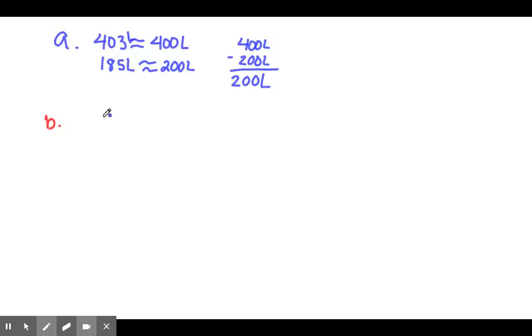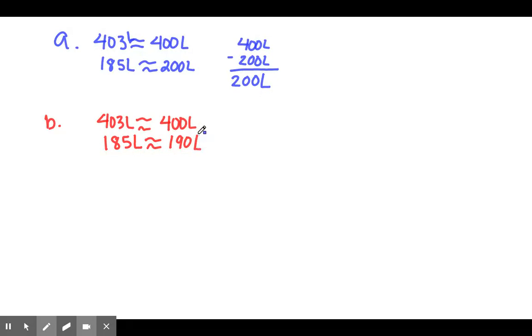Okay, so here I can say that 403 liters is about 400 liters, because remember, we have 0 tens, and 3 is closer to 0 than it is to 10. When I look at the number 185 liters, it's right at that midway point, so I'm going to go up to that next 10, which is 190 liters.